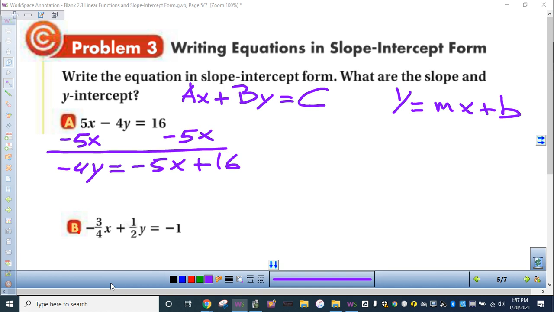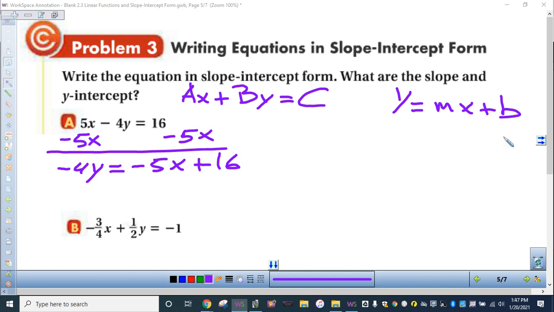Many of you, because you see the 16 right here before the 5x, write the 16 first, but then it doesn't look like y equals mx plus b. So make it look like y equals mx plus b. When you graph these things, it won't confuse you.